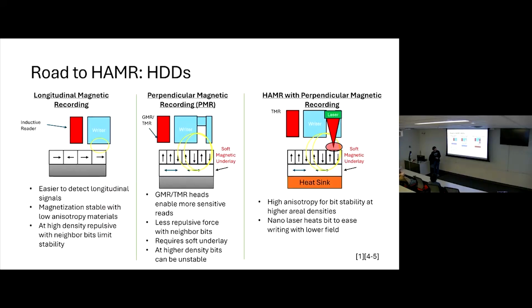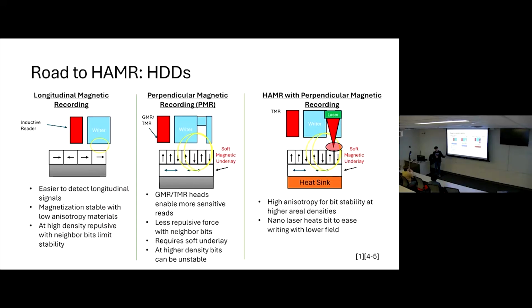Initially, we used longitudinal magnetic recording. The reason for this was that if you align the magnetization in plane, it makes it much easier to sense the field. But the problem was that we had a repulsive force with nearby bits, so it became unstable at higher densities.